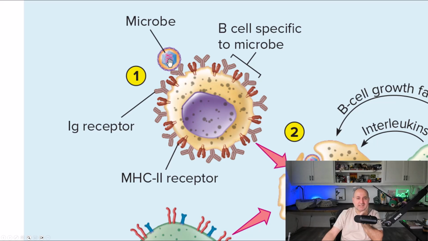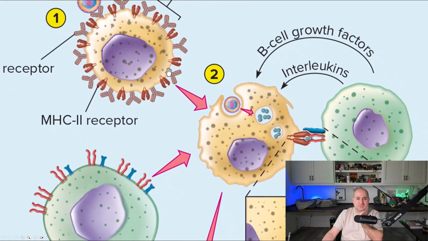And do you remember what that triggers? That triggers phagocytosis. So the B cell will phagocytose the virus and bring it in as in a phagosome, which will then fuse with a lysosome in order to, remember, digest those macromolecules, break down those proteins into smaller fragments.